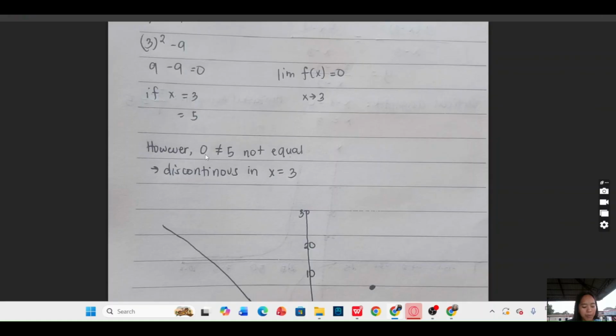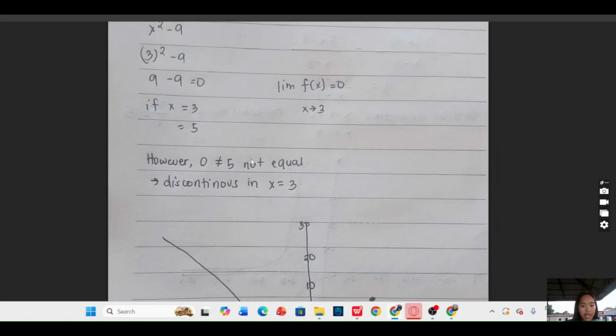The limit as x approaches 3 from both sides is 0, so the limit of f of x is equal to 0 as x approaches 3. But the function value f of 3 is equal to 5. Since 0 is not equal to 5, the function is not continuous.